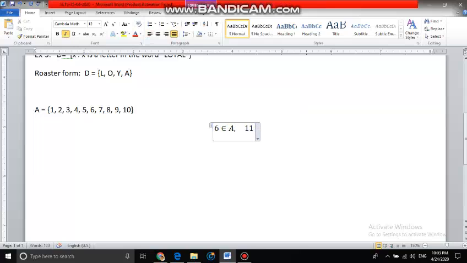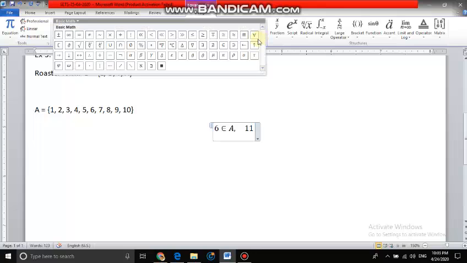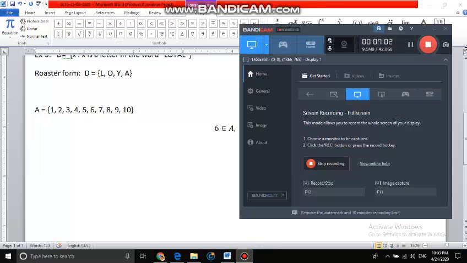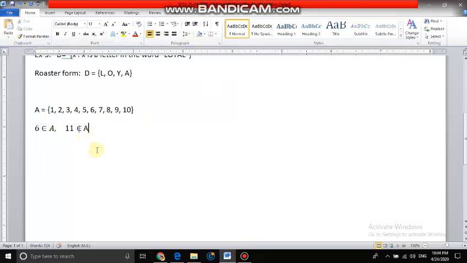Do you think 11 is an element of A? No, it doesn't belong to A. So again I use the symbol for does not belong to A. This is the same as the belongs to symbol, but we have to strike it out. So 11 does not belong to A.